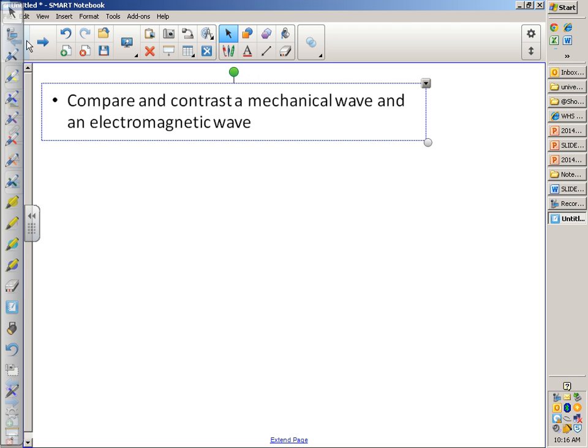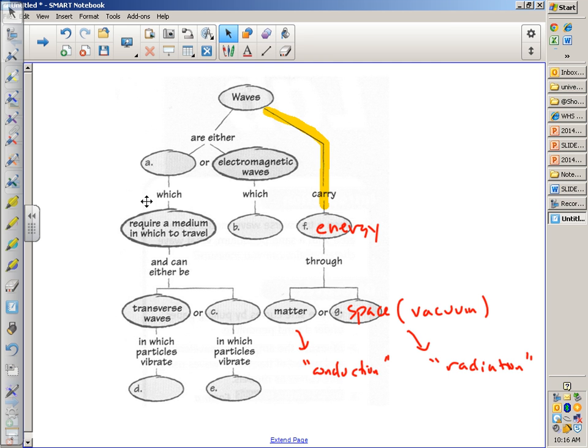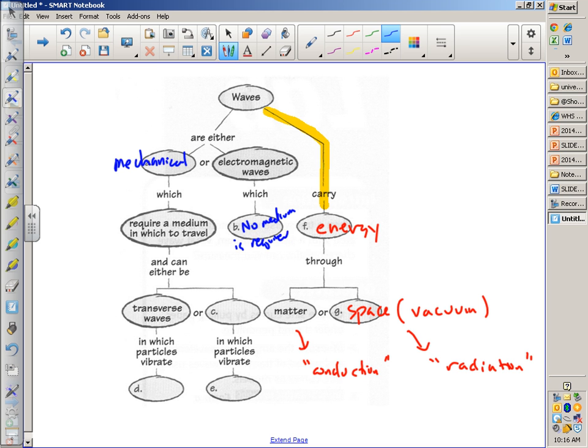So, going back to our little flow chart, here, this would be mechanical. There are 2 types of waves, mechanical and electromagnetic. Mechanicals require a medium to travel through. Electromagnetic waves don't need a medium, right? So, no medium is required. Okay. So that's the first part, electromagnetic, mechanical.